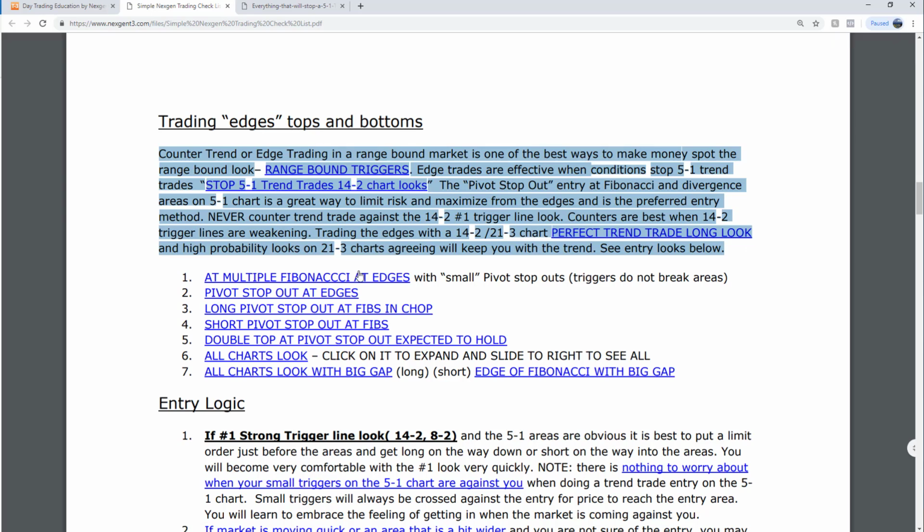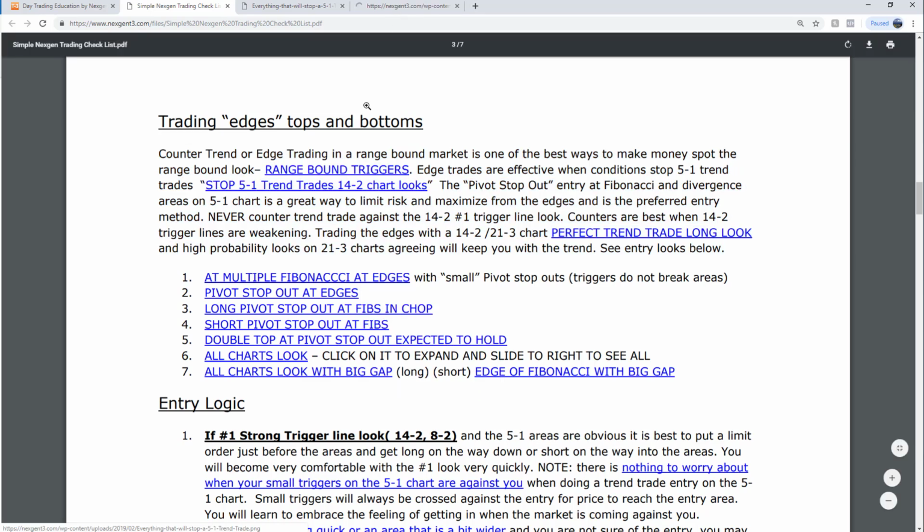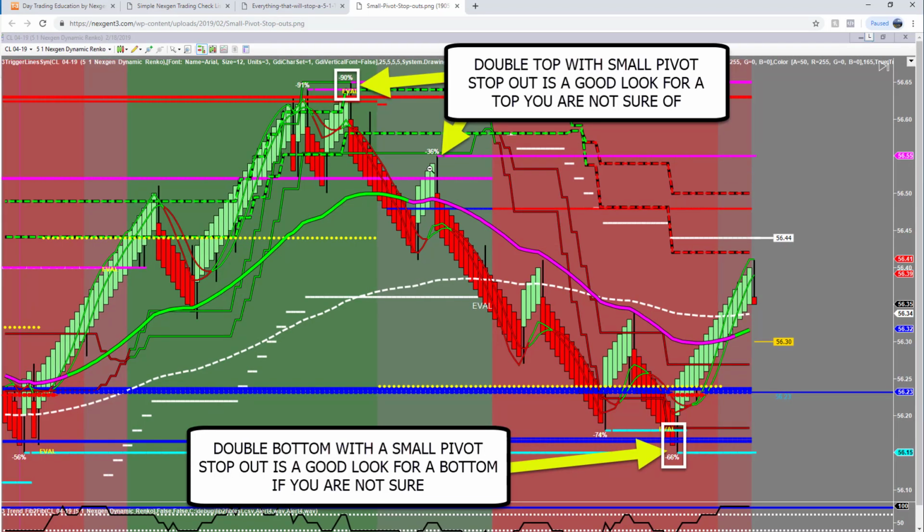And the top and bottom trade itself is very simple. There's only one look that we're teaching you that you're going to use to enter at the top or enter at the bottom, assuming it's the bright spot on your 14-2 chart. And it's the same look over and over the exact same way every single time. You're going to have divergence, which is this little negative number. Doesn't matter what the number is as long as it's there, which is going to create a little magenta line going across.